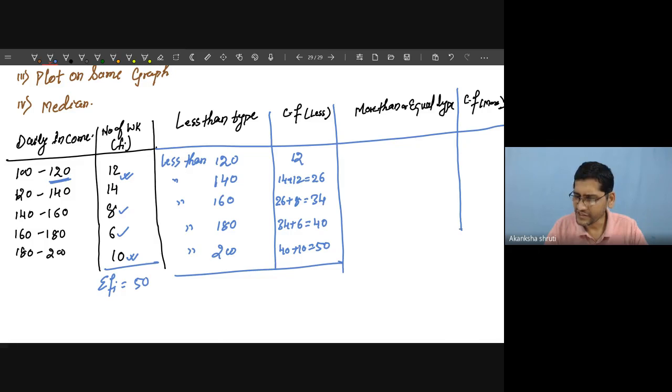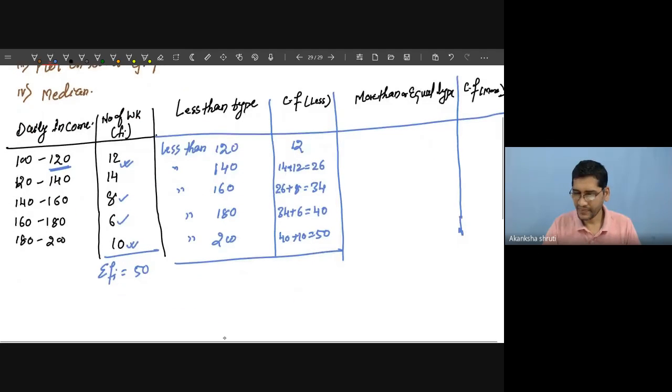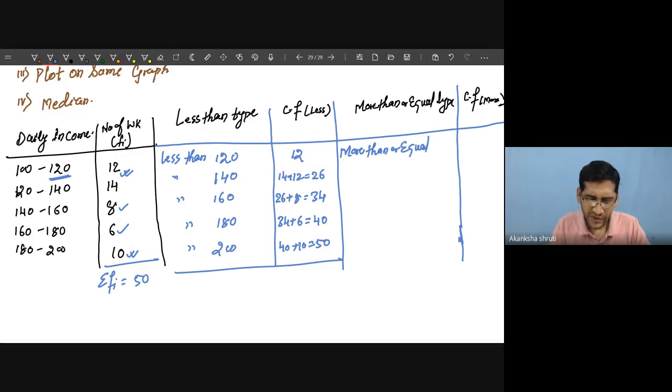Now coming for the other table, where we have to write more than or equal. For more than or equal, it is always with respect to the lower limit. So be careful. Take the lower limit of the first, it is 100.